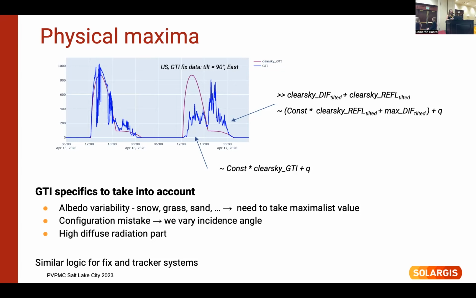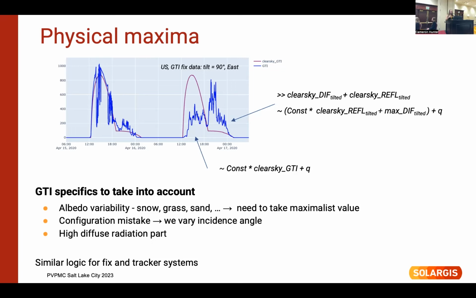And also what you need to think about properly is that, okay, you try to detect the configuration, but still there can be slight misalignment or configuration mistake. So what we do is we vary the incidence angle for this maximum limit, and we take a little bit larger value.